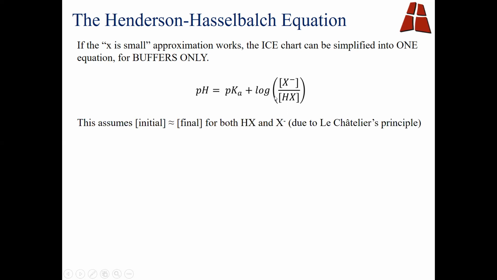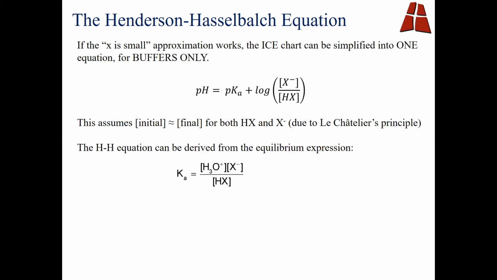One assumption this makes is that our initial is about equal to our final for both our weak acid and our weak base. This is due to Le Chatelier's principle. This is also what we did when we used the ice chart. We made the assumption that x is small for both our numerator and our denominator. And that is just another way we could state that assumption.